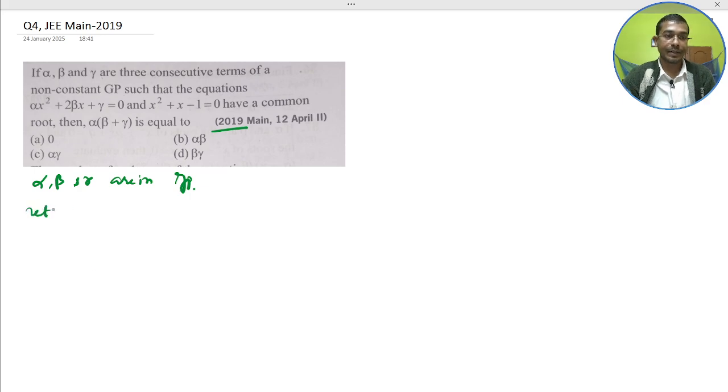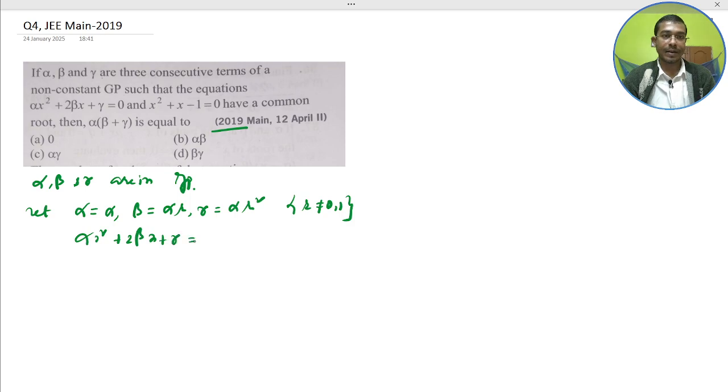Let us choose alpha equal to alpha, beta equal to alpha r and gamma equal to alpha r square, because they are in GP, where alpha is not equal to 0 and r is not equal to 1. We will discuss this in the series and sequences class. Try to understand what I write: alpha, alpha r and alpha r square. So alpha x square plus 2 beta x plus gamma equals 0.